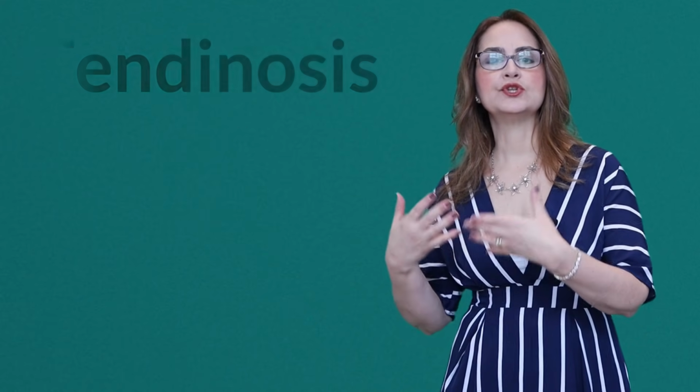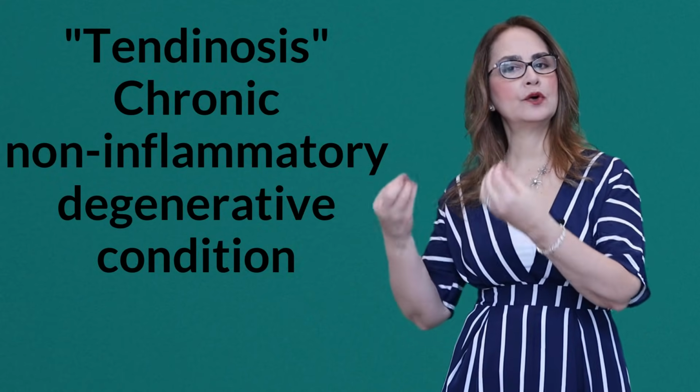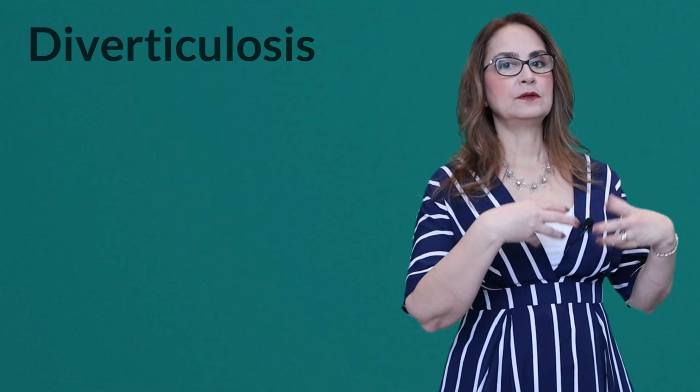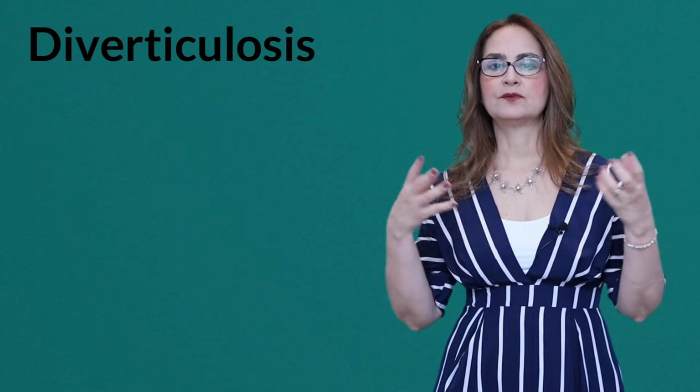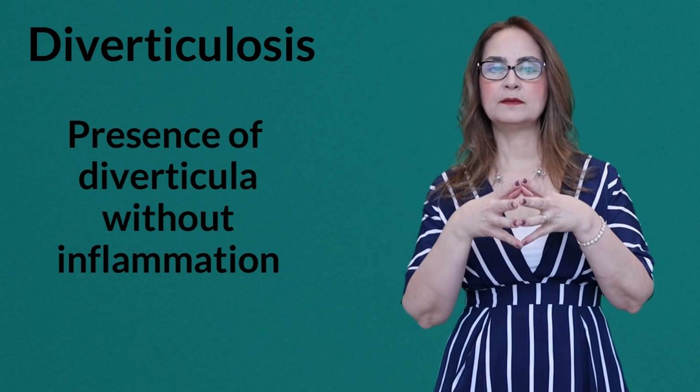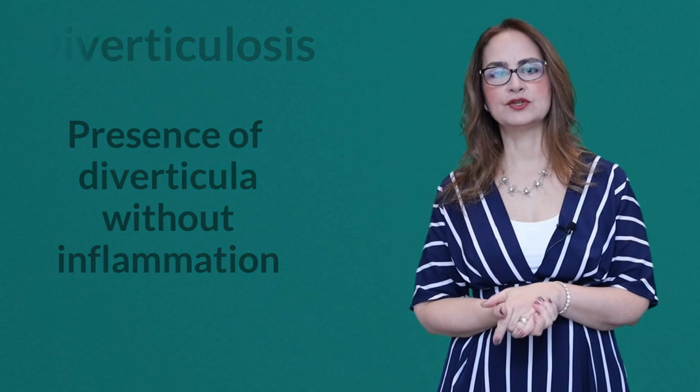So tendinosis ends with osis, which means a chronic, non-inflammatory degenerative condition. For example, diverticulosis is a disease characterized by the presence of diverticula or pouches in the bowels without inflammation.